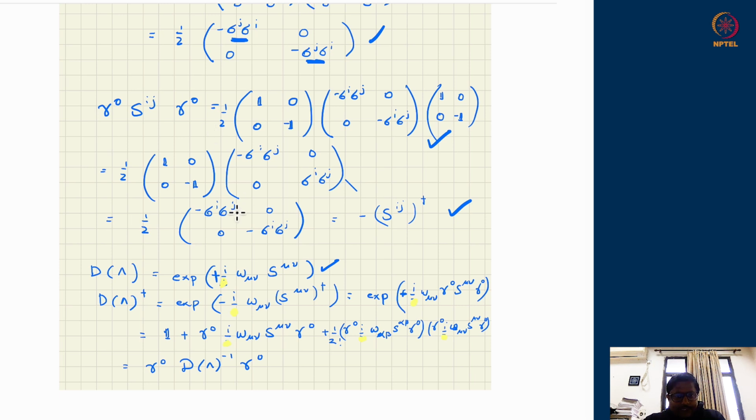Secondly, when I'm writing the transformation matrix as generators times the parameter times iota, whether I write this iota explicitly here or absorb it in omega depends upon the notation.